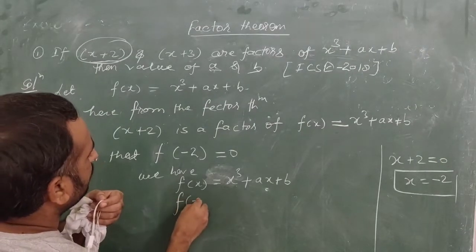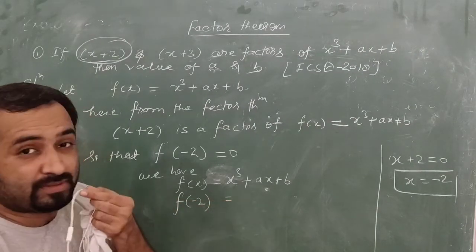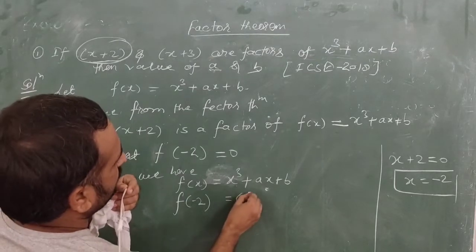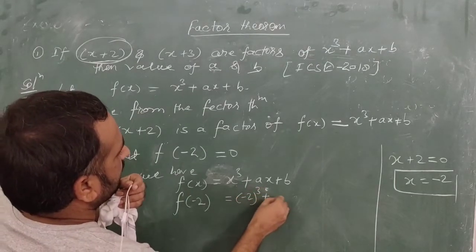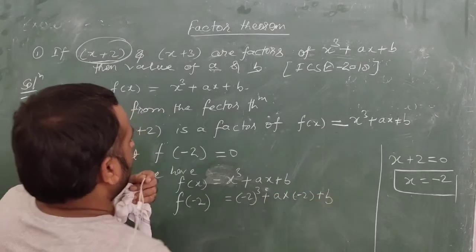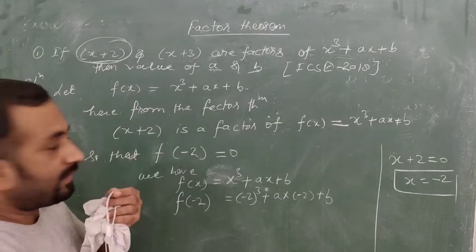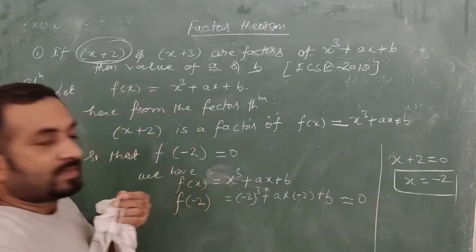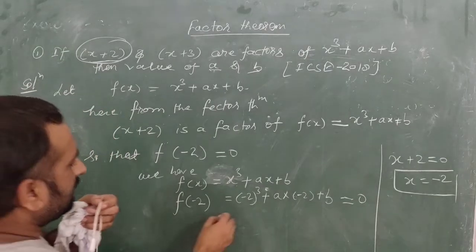So what is the value of f(minus 2)? We will put minus 2 in place of x. So this is minus 2 to the power 3 plus a into minus 2 plus b, and that is equal to 0.